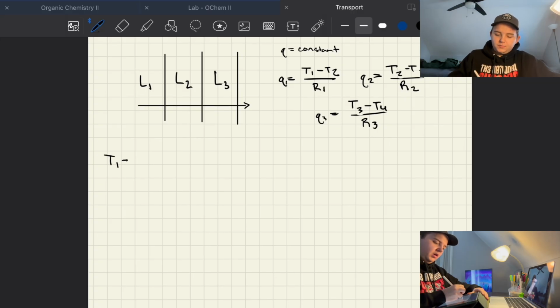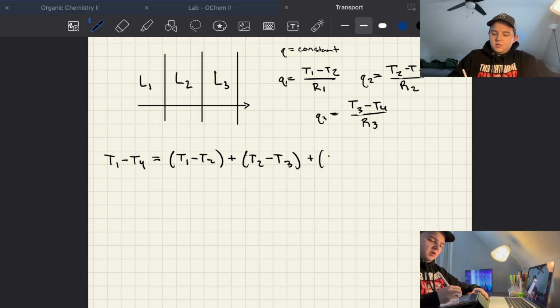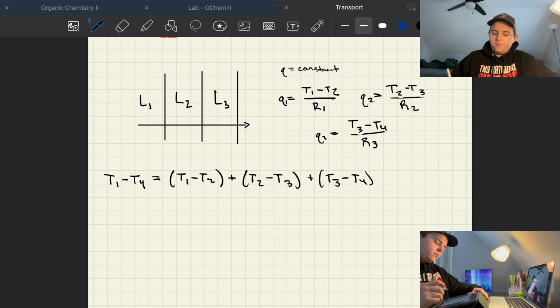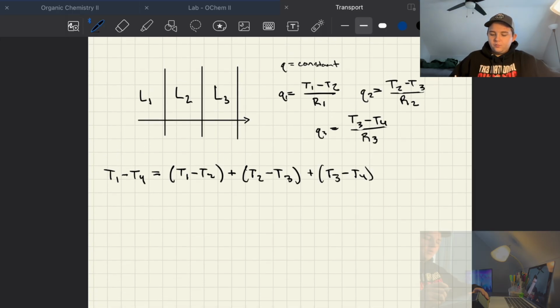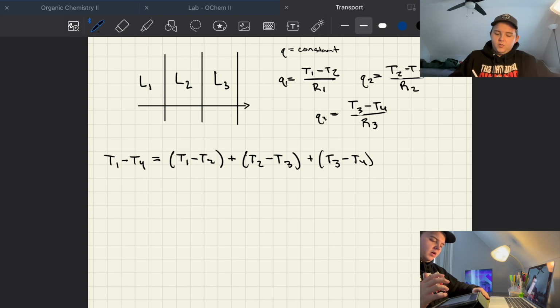Because our total temperature change will just be T1 minus T4, but that's equal to T1 minus T2 plus T2 minus T3 plus T3 minus T4. Yep. Okay, so when we bring everything together, we'll get our Q to be our T1 minus T4 that we just solved, over the sum of all of our resistances.